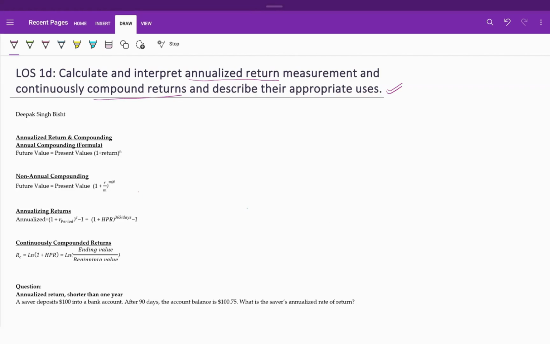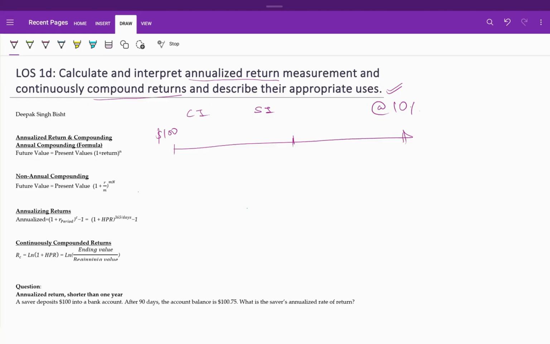So the difference between compound interest and simple interest. Let's assume there is this timeline. We are investing $100 today at a rate of 10%. Principal is $100.